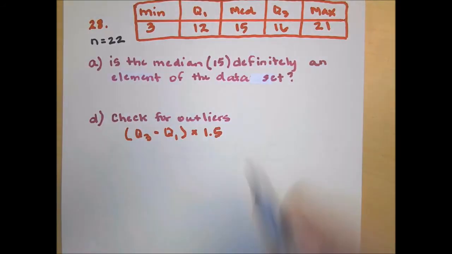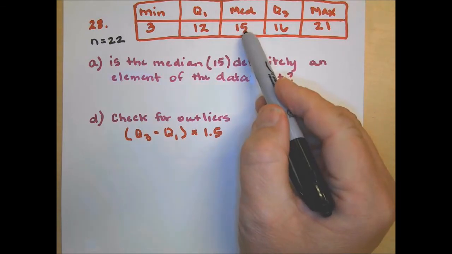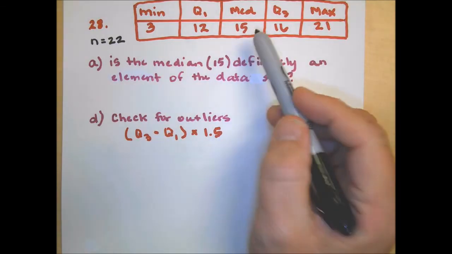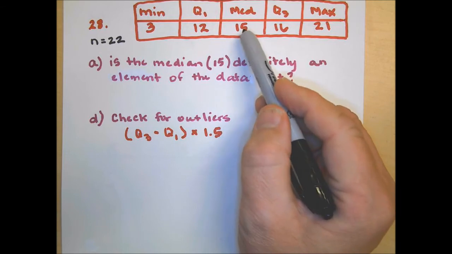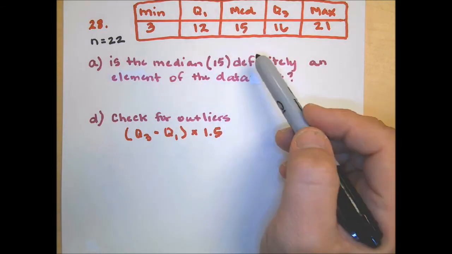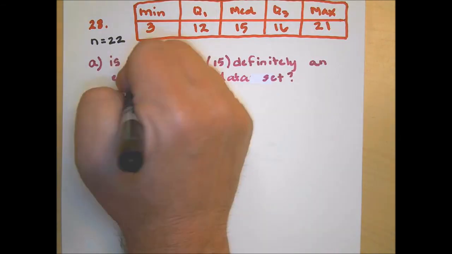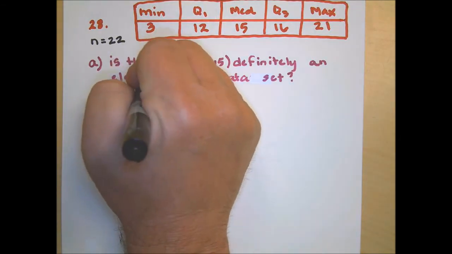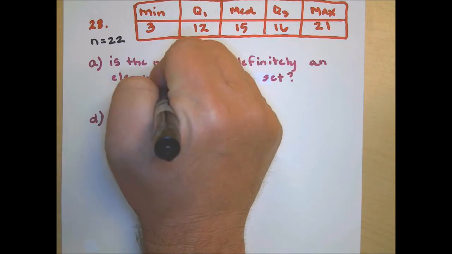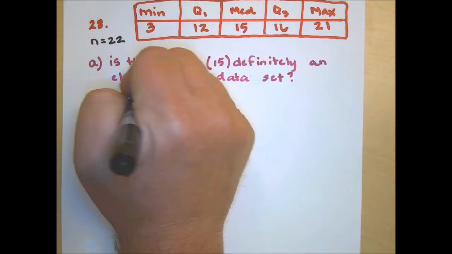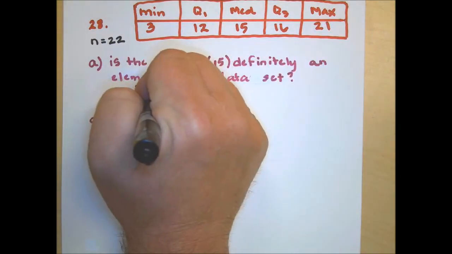22A asks us, this median of 15, do we know for a fact that 15 was one of the numbers in our data set? So what we do is we take the number of numbers, which was 22. The formula says to add 1, so it's n plus 1 divided by 2.